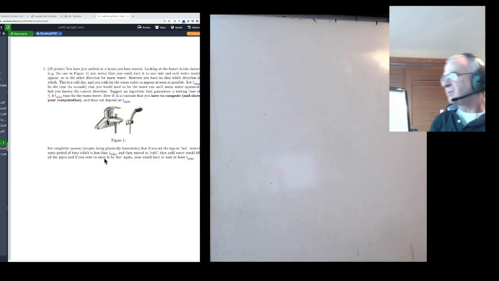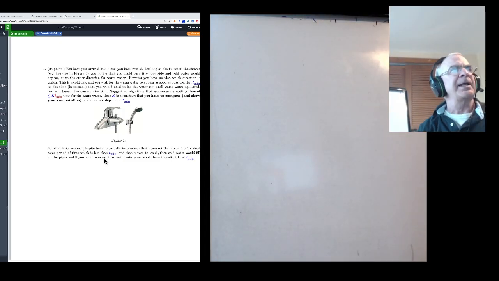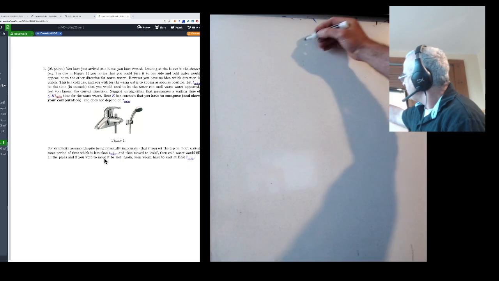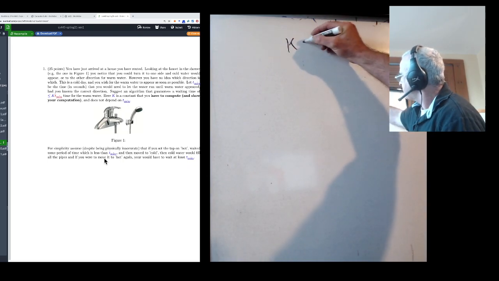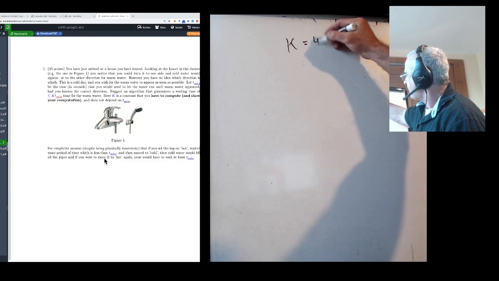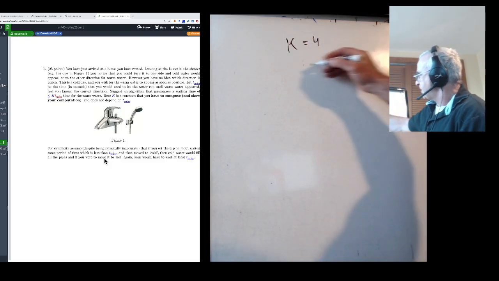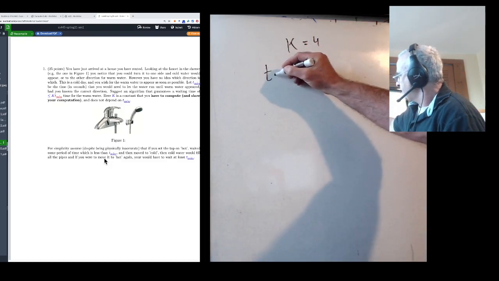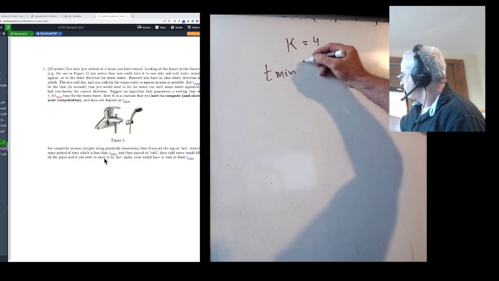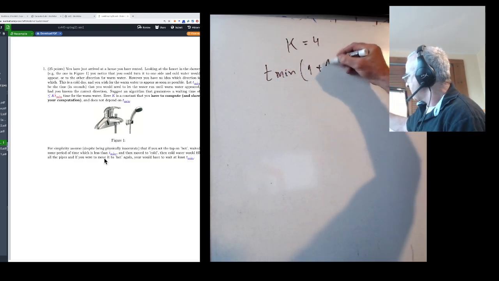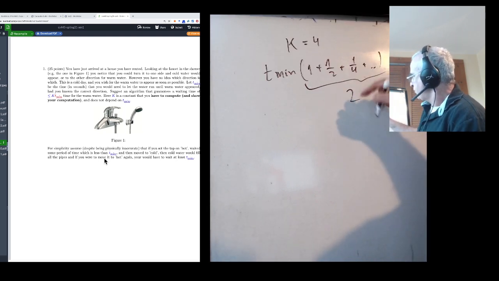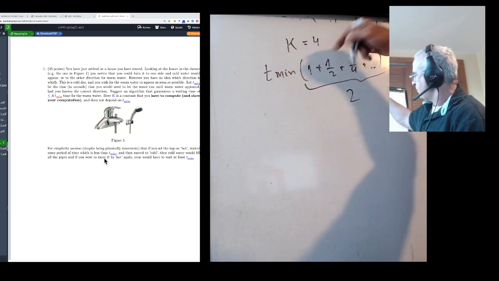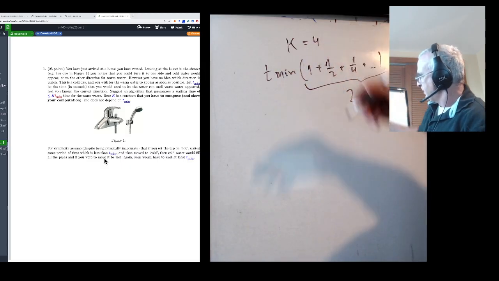people had problems getting to the exact k, and a lot of people did everything correctly, but stated that eventually we are getting to k equal 4 because they said the overall time would be t-mean times 1 plus half plus 1 over quarter plus dot dot dot, which is 2, and we are doing it for both sides, which will give us k equal 4.